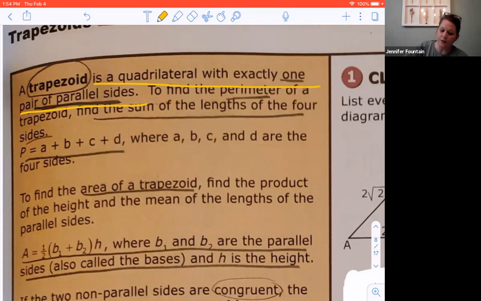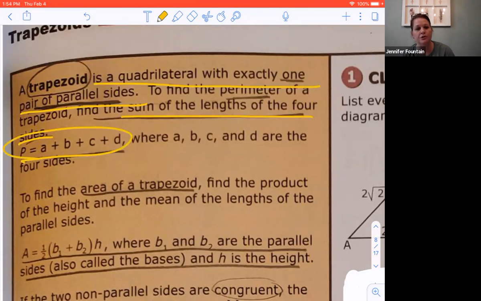And it says to find the perimeter of a trapezoid, find the sum of the lengths of the 4 sides. So I have perimeter is equal to A plus B plus C plus D, where A, B, C, and D are my 4 sides. So for your next bullet point, it says write the formula for the perimeter of a trapezoid. P equals A plus B plus C plus D.